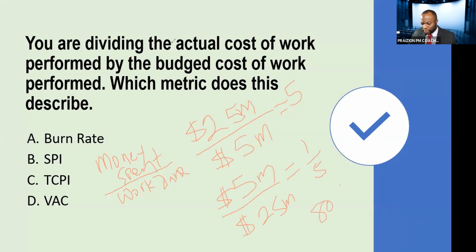A whole 80% less, which is questionable, but management would rather see this than this. So the lower your burn rate, the better. The higher your burn rate, you're just hemorrhaging money, which isn't good. We don't want a burn rate to be any more than 1. If it's greater than 1, we have a problem. So it's kind of like the reverse.